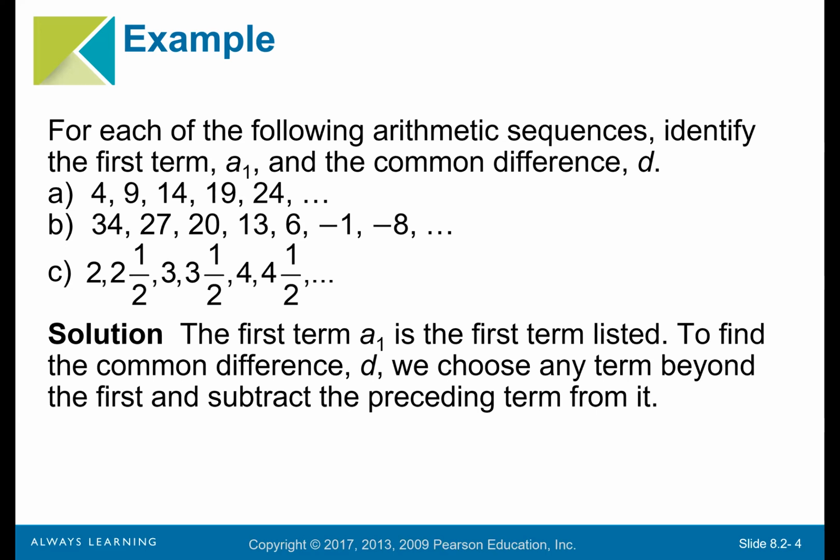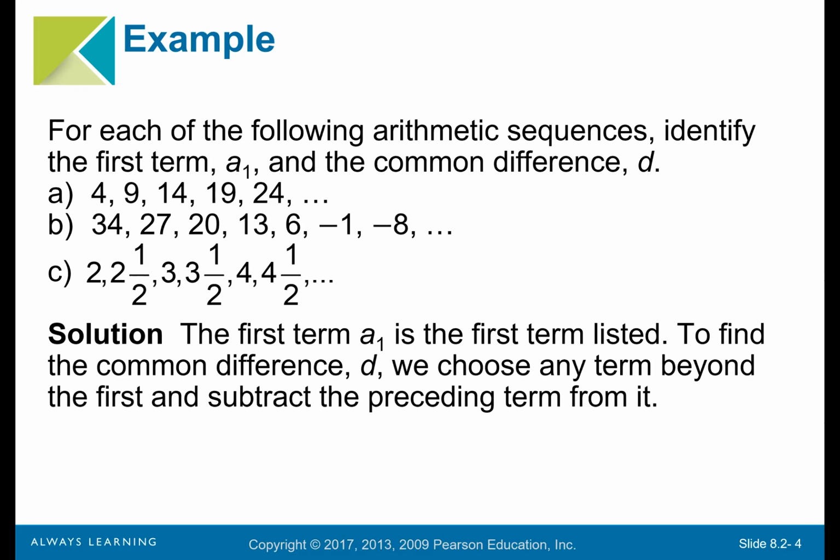In B, Sydney, what's a sub 1? 34. What's d, Jenna? Careful on this one. So it's not 27? 27 would be a sub 2, but I want to know d, the common difference. Oh, okay. I definitely have this. Okay. Oh, 7. Oh, man. The numbers are getting smaller, so it's -7.